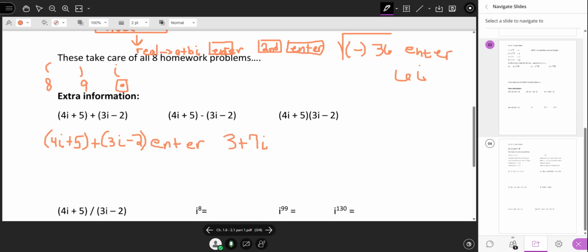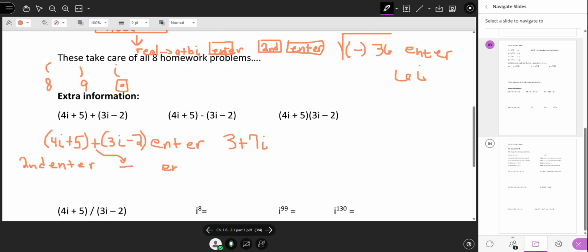Now, to do this one, I want you to do second enter. Second enter. Change plus to minus. So I want you to change the plus to a minus sign.